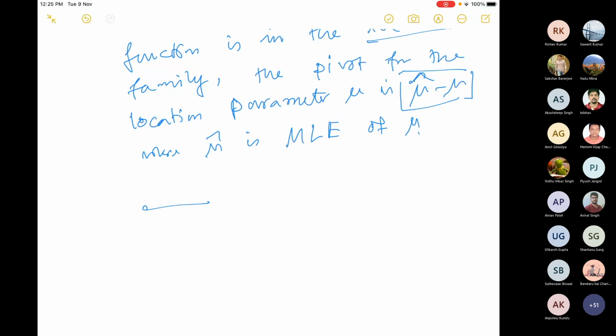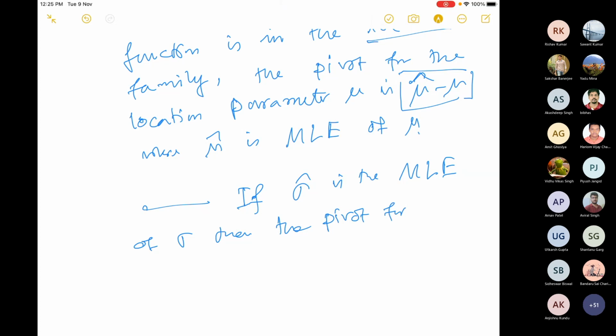Another, let me just write it. If sigma hat is the maximum likelihood estimator of sigma, then the pivot for the scale parameter sigma is sigma hat by sigma, when the PDF belongs to the scale family, where mu is known.